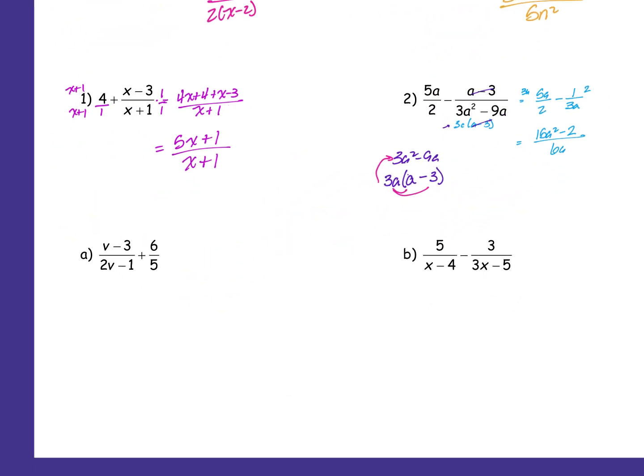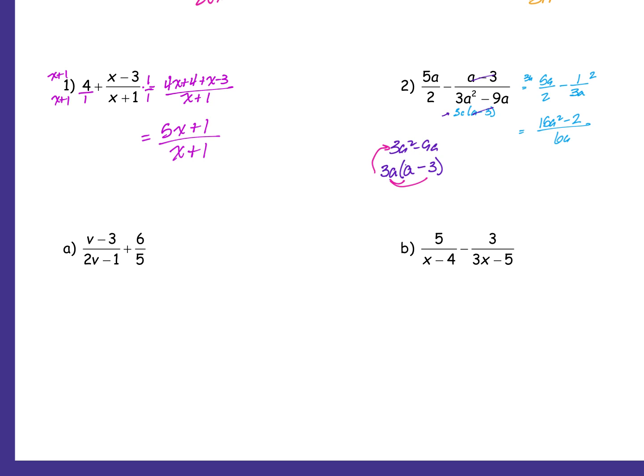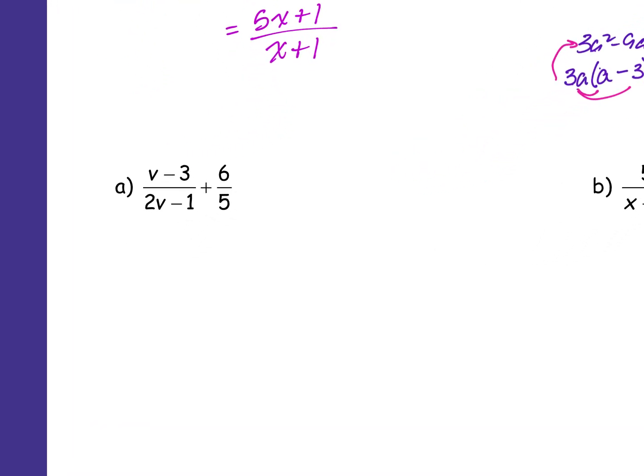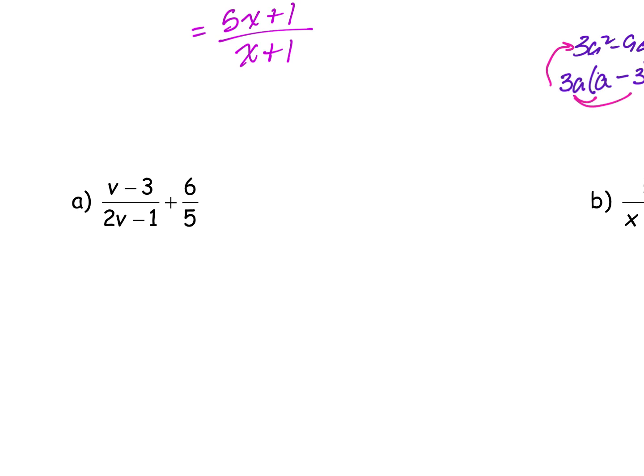Okay, let's go ahead and I'm going to do both of them. For A, my common denominator is going to be 5 times 2v minus 1. So I'm going to multiply this one by 5 and this one by 2v minus 1.